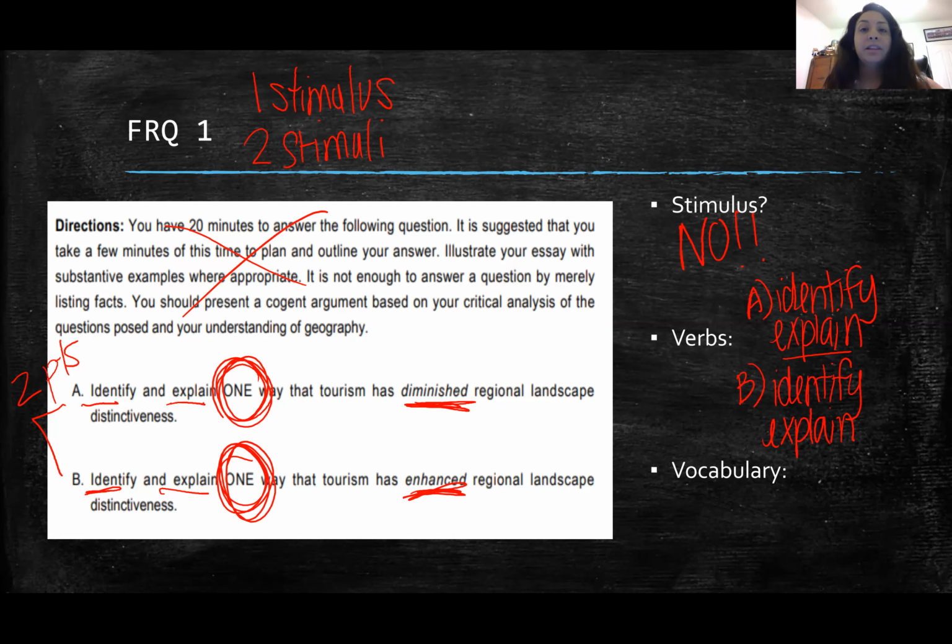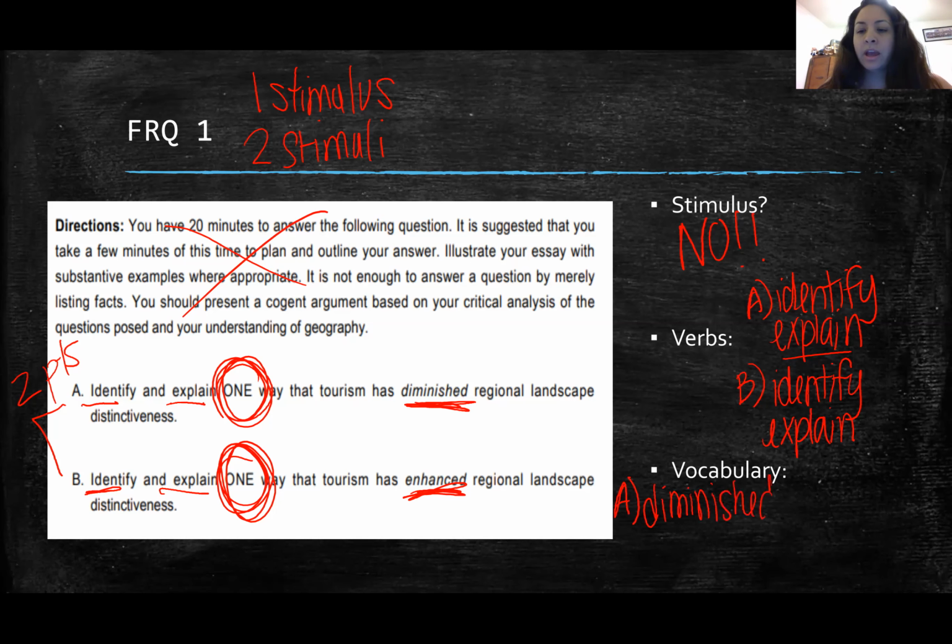And then your vocabulary. A lot of times you're not going to be able to give them what they want unless you know what the heck they're talking about, right? Remember the whole Jello versus chocolate cake thing? Exact same thing. All right, so vocabulary. Some of the big things for letter A, your vocabulary would be diminished, because we got to know what the heck diminished means. I mean, it's italicized and everything, right?